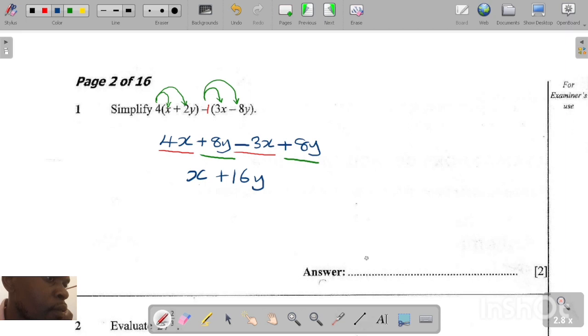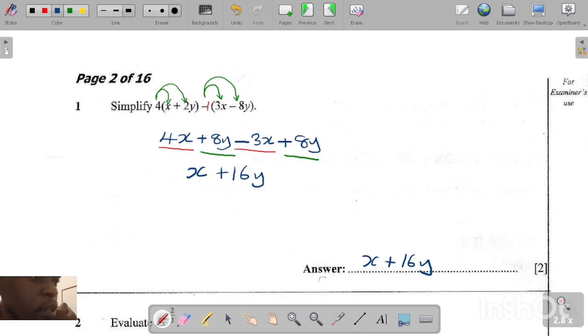So the final answer is x plus 16y. You can see that this big expression has just been simplified to x plus 16y.